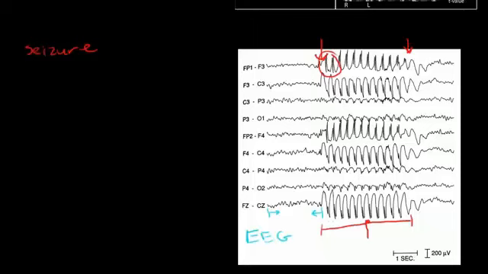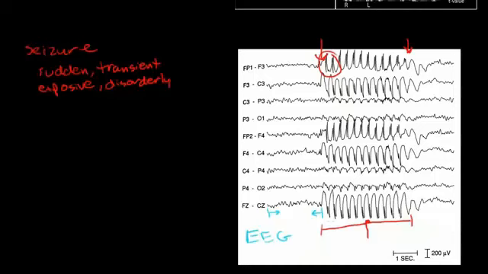Okay, so we have sudden but transient, explosive, and disorderly. So that defines the waveforms that we see in an EEG.